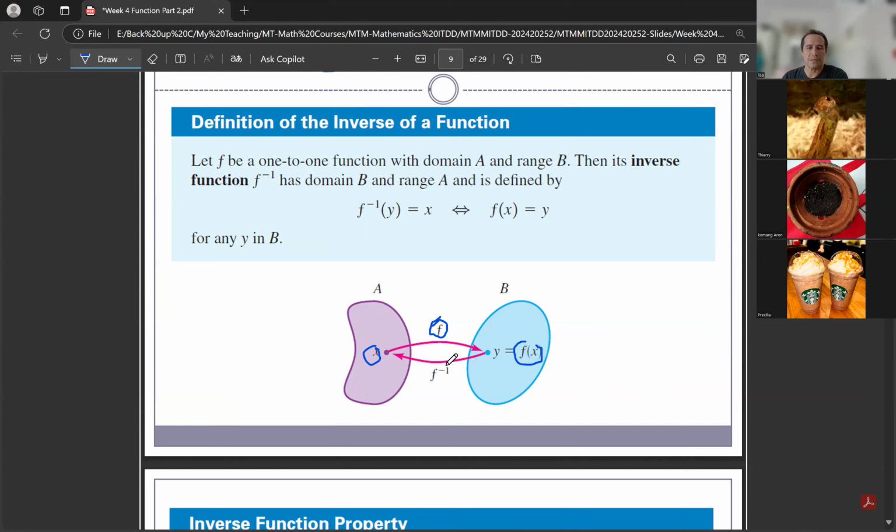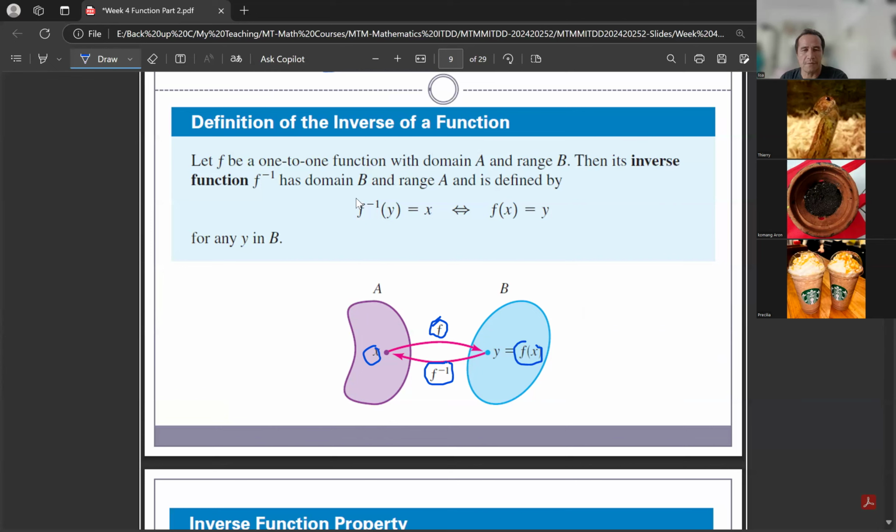So the inverse means the direction of the arrow is the reverse of the direction of the arrow of the original function. So if f(x) goes from left to right, the inverse goes from right to left. This is the definition by using the diagram.